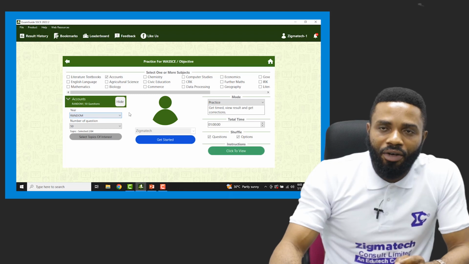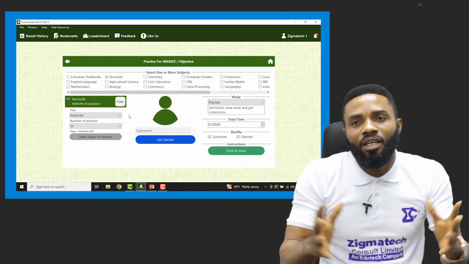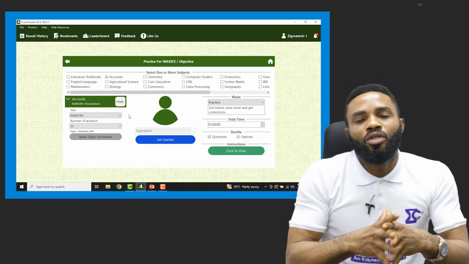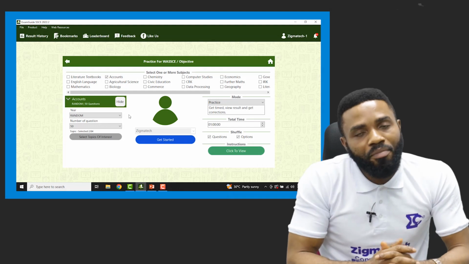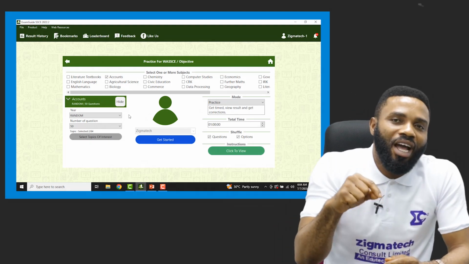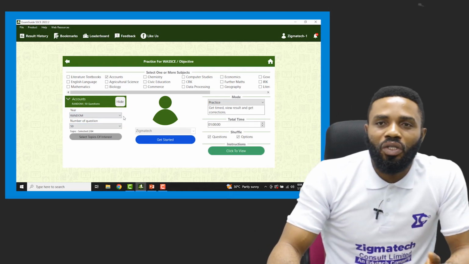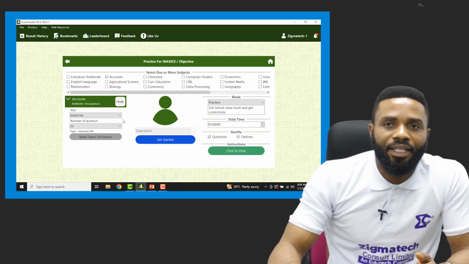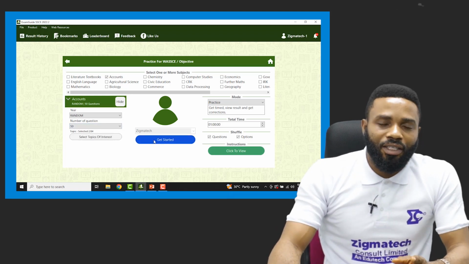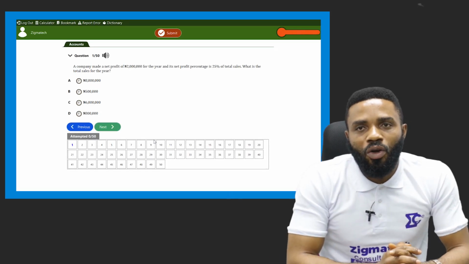I actually choose random because I really want all the questions that are related to what I am teaching to be grouped together. Meanwhile, if you have an interest in a particular year, you can decide to choose any year of your interest. It could be 2021, 2020, 2019. And then once you do that, you can now click on get started, and then the questions you need will just pop up.